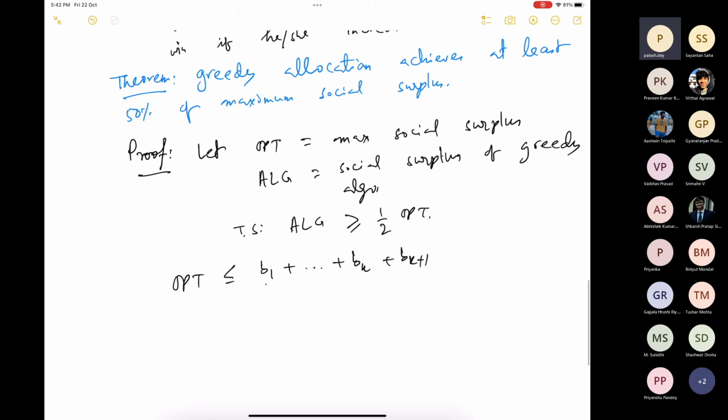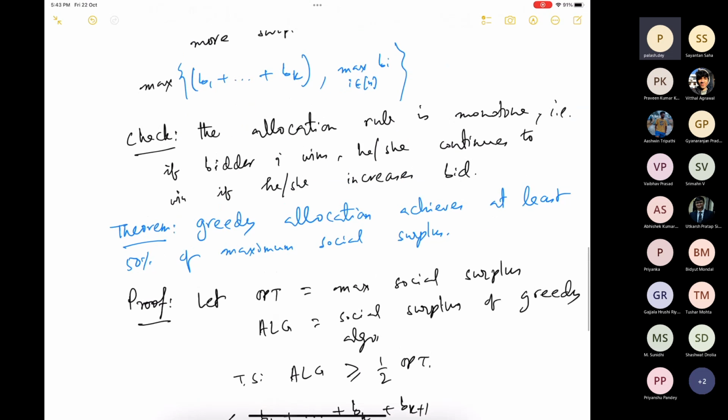Now, you see that this is at most ALG, because ALG is the maximum of B1 plus up to BK and max Bi.